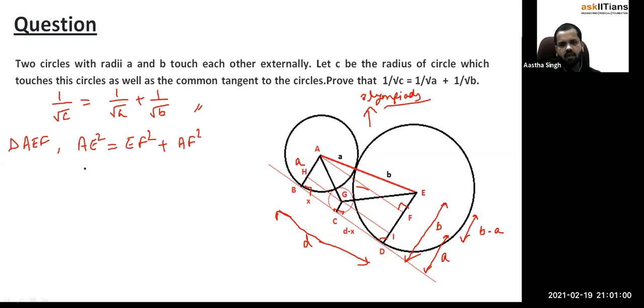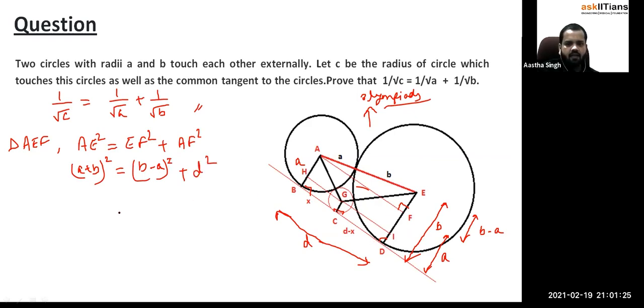What is AE square? AE square is your A plus B whole square. What is EF square? EF is basically B minus A, so it will be your B minus A whole square, right? What is AF square? AF square is basically your D square. Why D square? Because your BD is parallel to AF, so if BD is D, right?